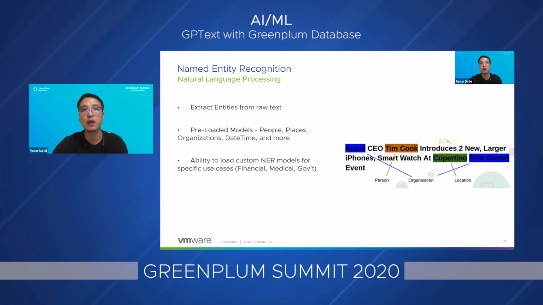GPText can extract the entities from raw text and recognize the people, place, organization, date, and time. Use the picture as an example. We can recognize Apple as a company name, but not a fruit. And Cook is a person name, not a job.